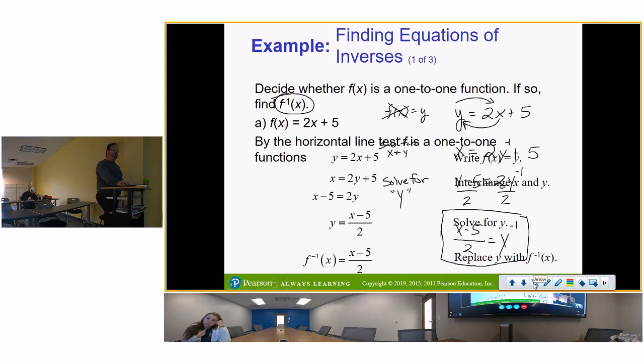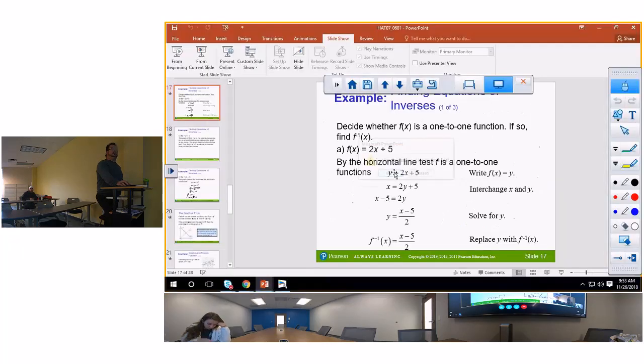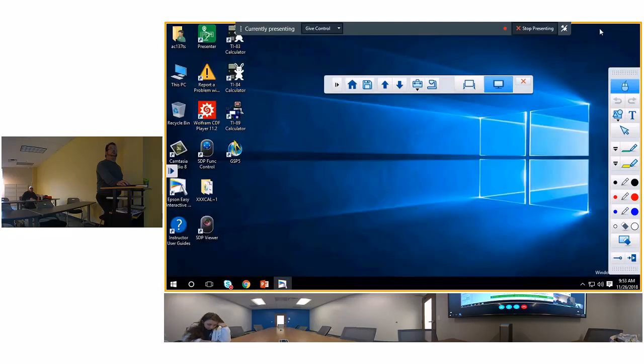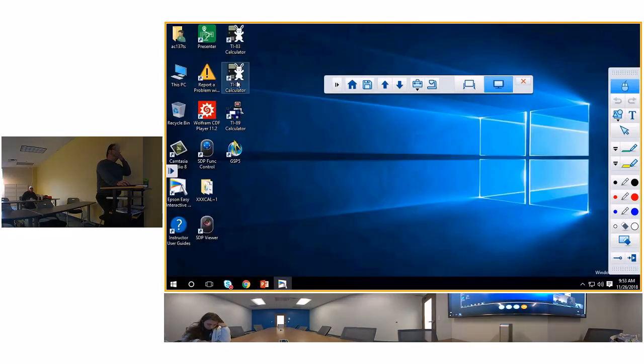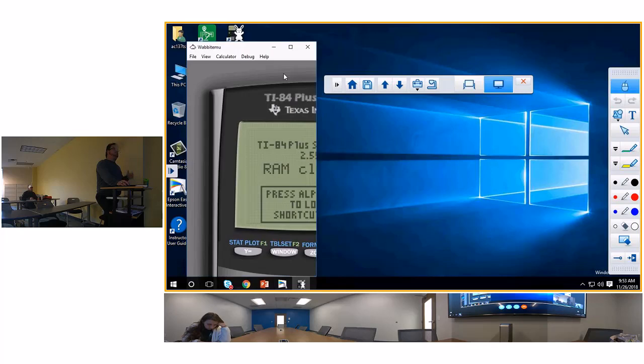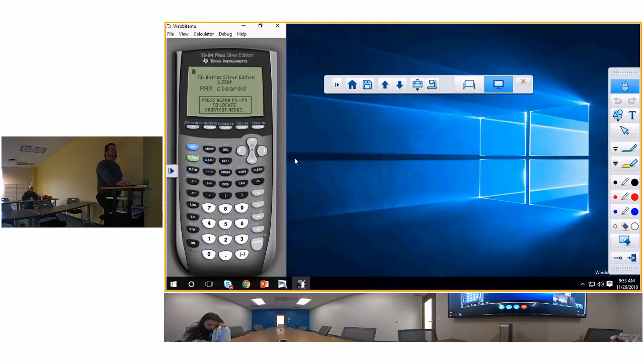And I'm going to escape, pull up my handy-dandy calculator. Just fancy schmancy. Same difference between a laptop you bought a year ago and a laptop you bought yesterday. All right.